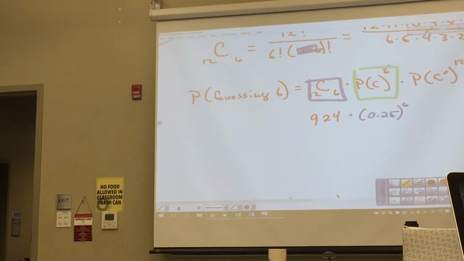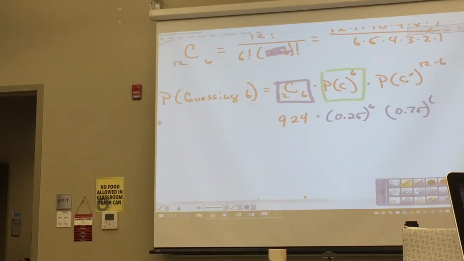See, forget what the formula is, because you can type things in different boxes. It's, where does it live? Look at what the number is. What does it represent? K represents the number. And then this part of it would be what? 0.75 to the, well, 12 minus 6, which is 6.